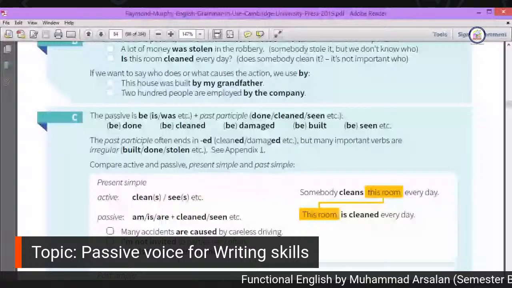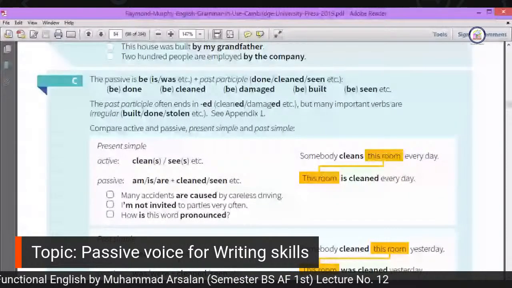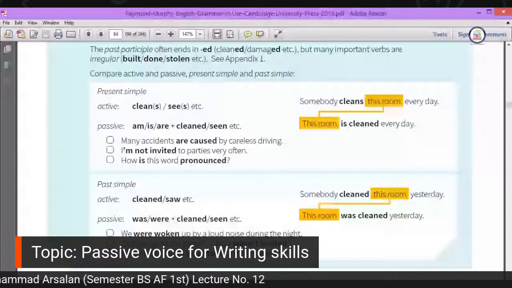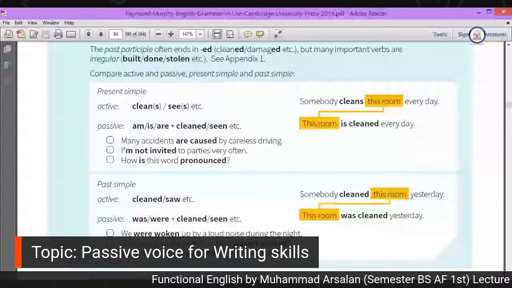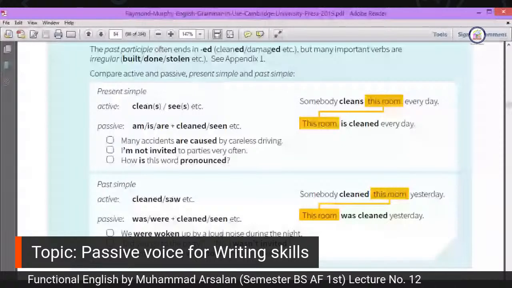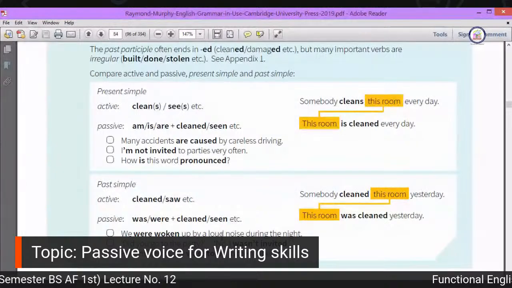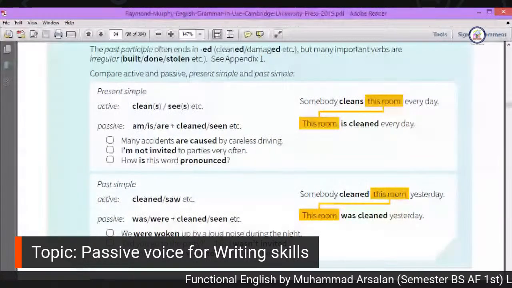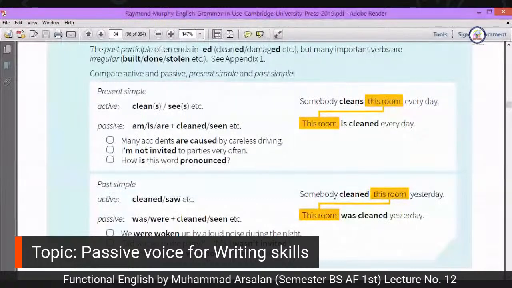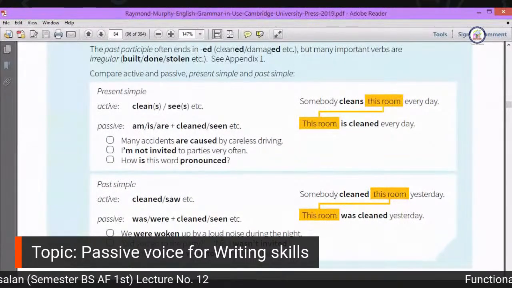You can see more examples here. Many accidents are caused by careless driving.